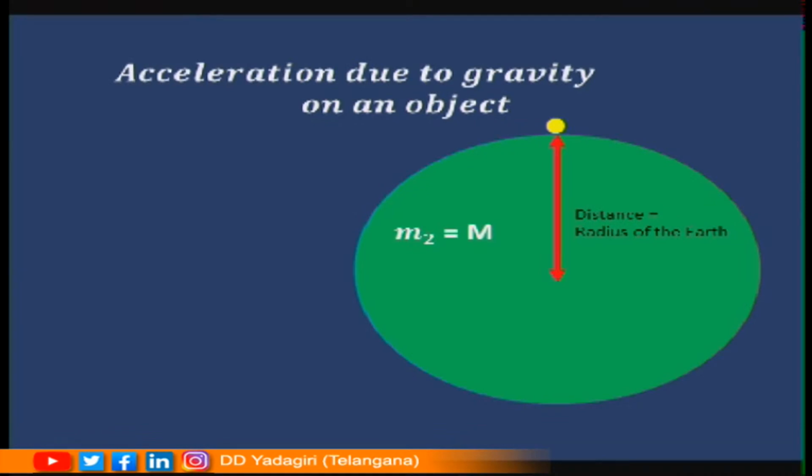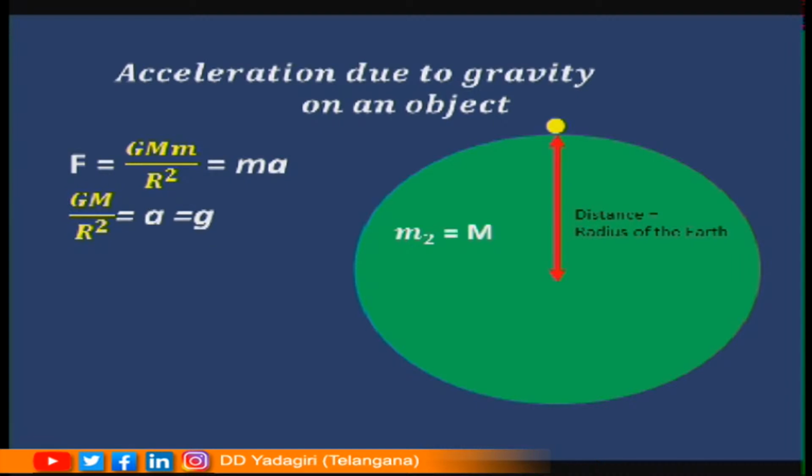The acceleration due to gravity on an object. Consider an object of mass m. The gravitational force on this object due to earth will be G capital M times small m divided by r square. This force will produce an acceleration, and from Newton's second law this force must be equal to m a. So, substituting, we get G M m by r square equal to m a. The m will get cancelled.